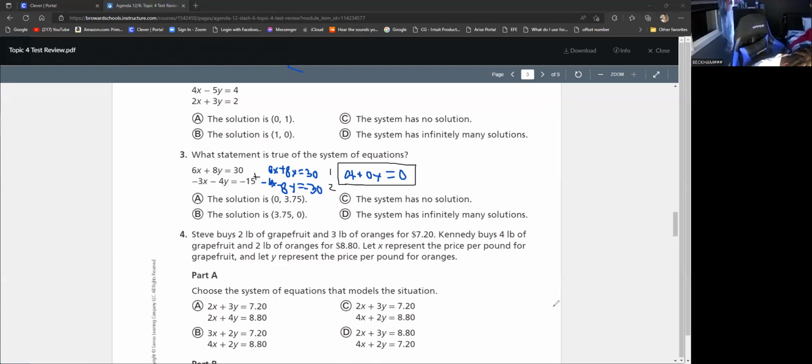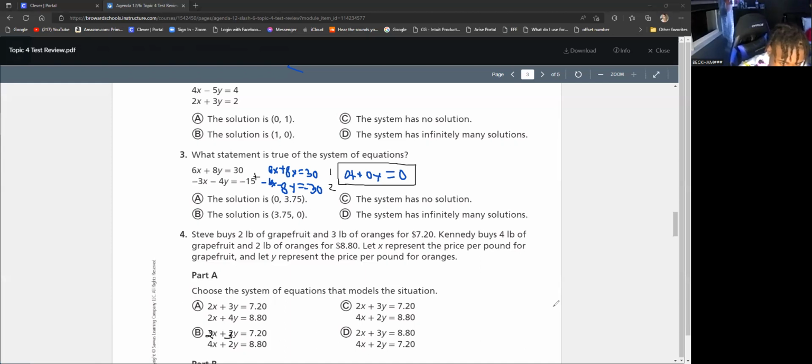Okay, so which one would be wrong? Grapefruit is 2 pounds right here. So you're saying it's not B because what? It's not B because Steve buys 2 pounds of grapefruit. It should be 2, and this should be 3, and then Kennedy buys 4 pounds of grapefruit. So it's not A or B because the X's need to be 2 and 4.